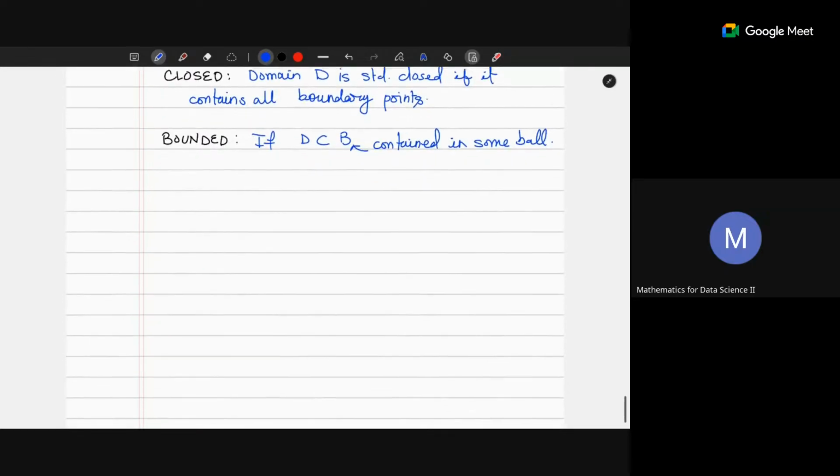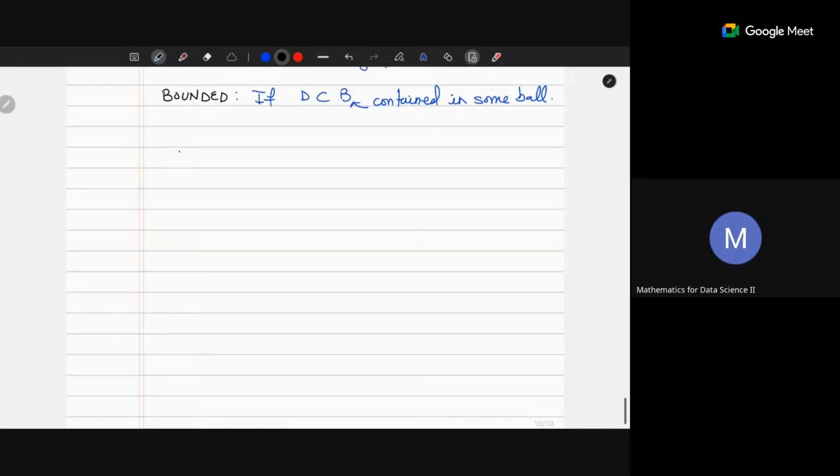So how to find maxima and minima in that case? Or most precisely, where to find or how to find absolute maxima or minima?